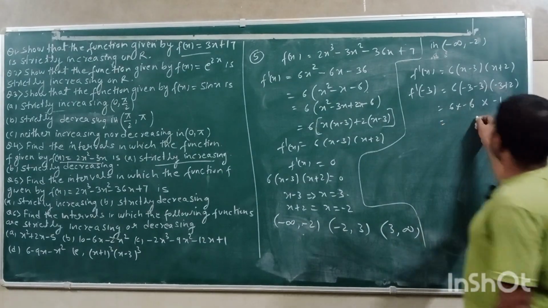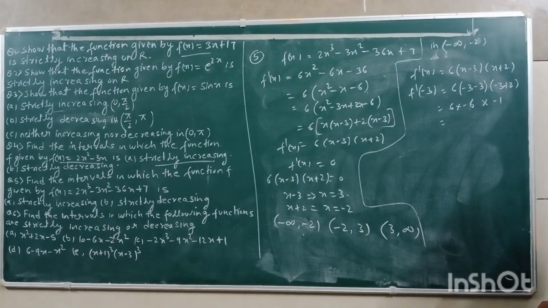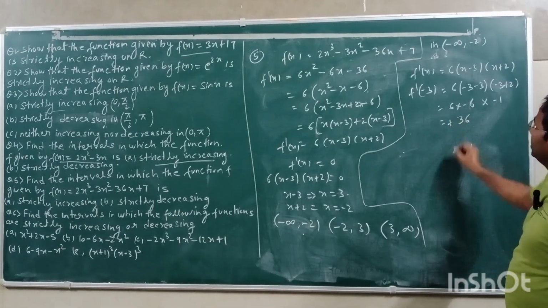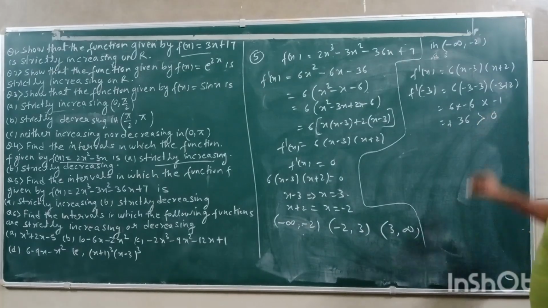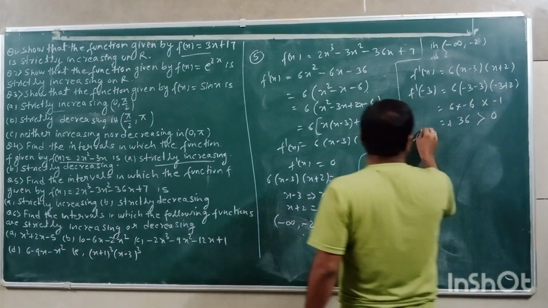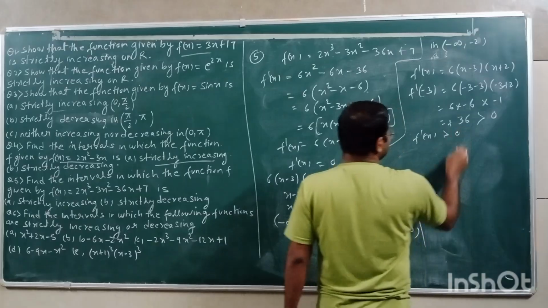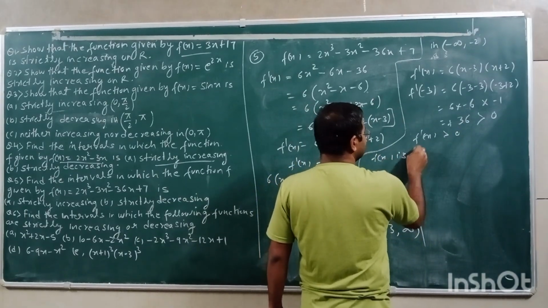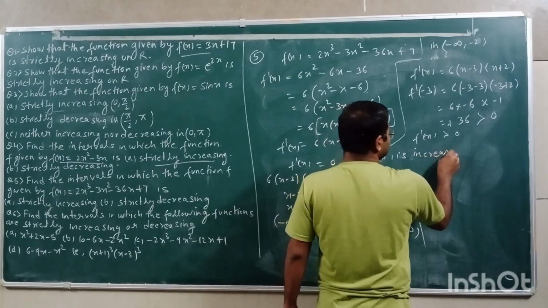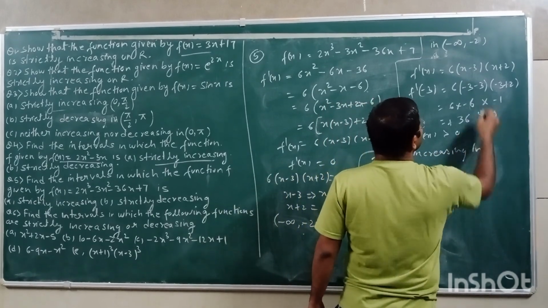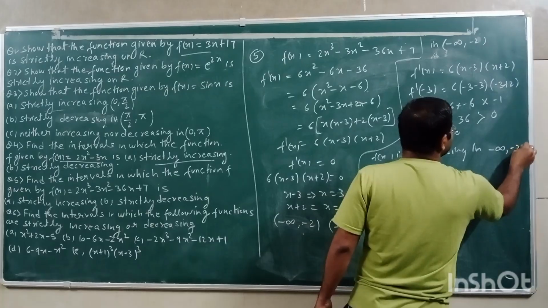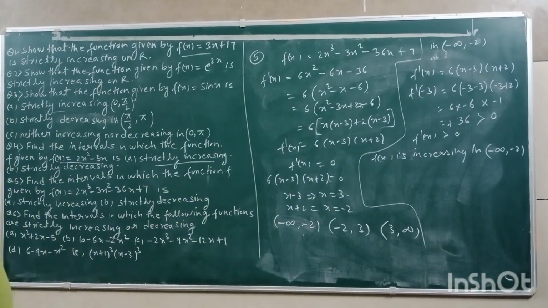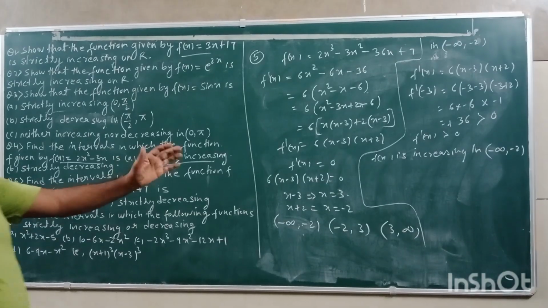Minus times minus gets plus, so 36 will come. A positive value is coming, greater than 0. So here f'(x) is greater than 0, then you will write f(x) is increasing in the interval −∞ to −2.